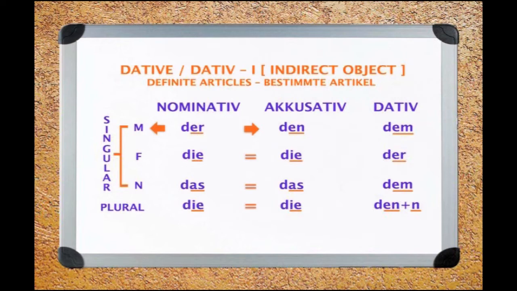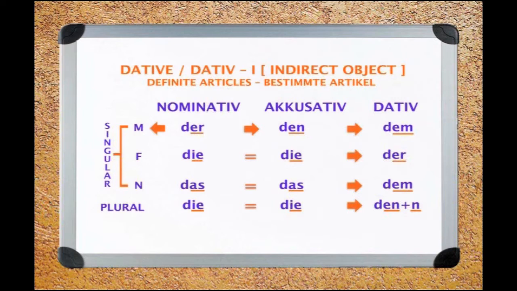Unlike accusative, all the articles here undergo a major change. Der becomes dem, die, which remains die in accusative, becomes der, das, which also remains das in accusative, becomes dem, and the plural article die, which remains die in accusative, changes its form and becomes den and takes an n at the end of the noun. As you can see, which I have marked, the change is happening for all the articles in the definite article concept.